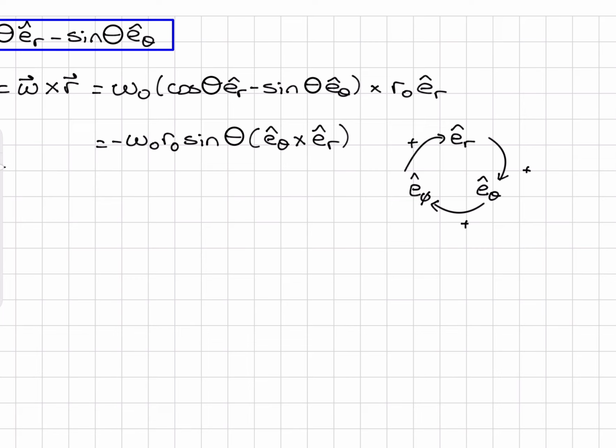What I'm looking for here is e theta hat cross er hat, so that's going in the negative direction. Therefore, this is the negative direction.